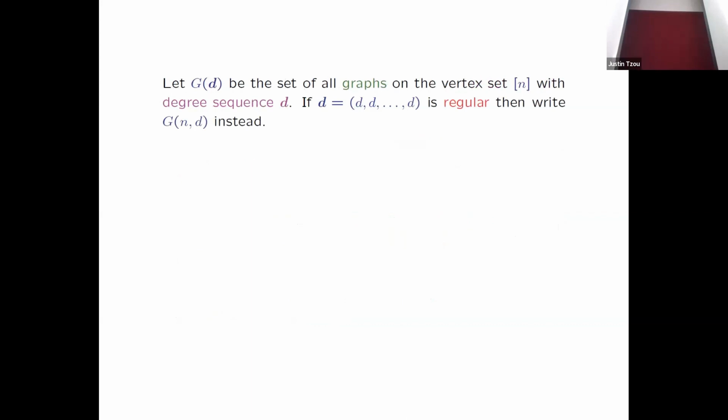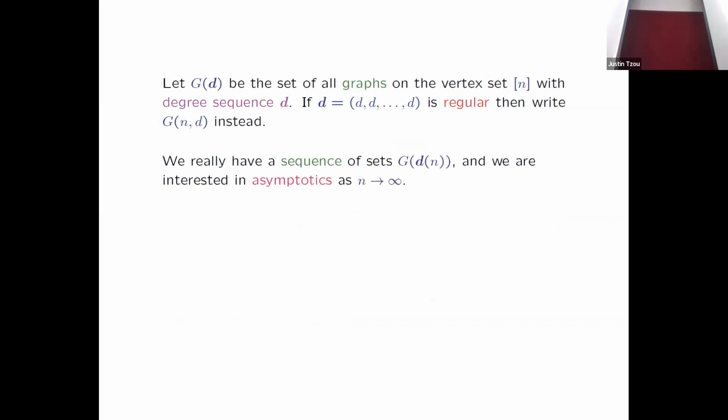Let's define the set of all graphs on the vertex set 1 up to n with a given degree sequence to be G of D. The D is boldface because it's a sequence. If the sequence is regular, all the vertices have degree d, which is not boldface, then we use two arguments, G of n and d.